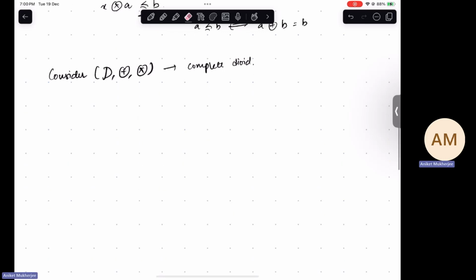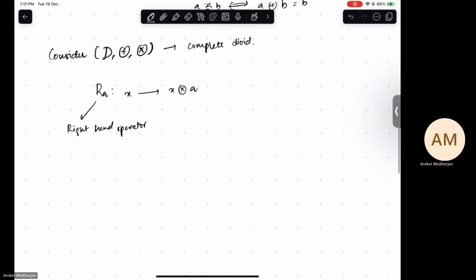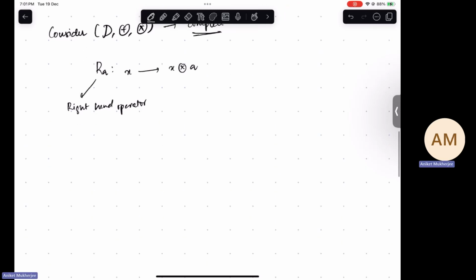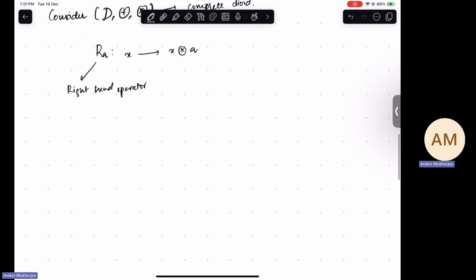So we'll define a right hand operator, such that it takes x and gives x times a. As the dioid is complete, we know from the property of complete dioids that the product distributes over infinite sums to the right.